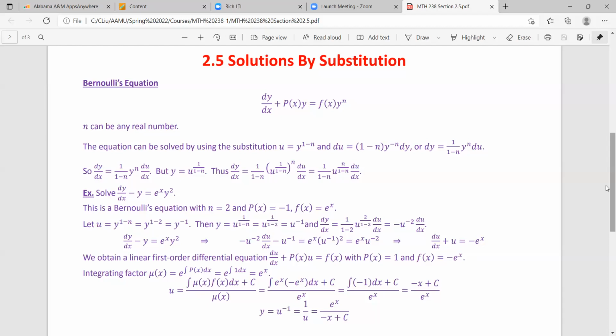And then to find y, you just flip it. y is u to the negative 1, so that's 1 over u. So you just flip the whole thing. So the final answer should be y equals e to the x over negative half e to the 2x plus c, instead of negative x in the denominator. I'm sorry for the error in here. Any mistake? Any questions?